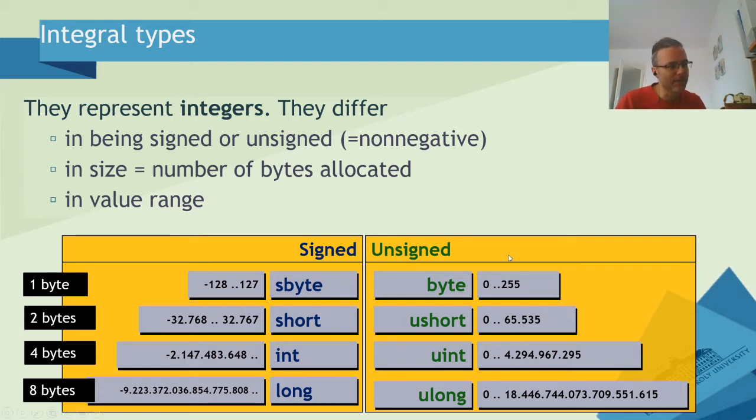So let's continue in this green column. Let's check out ushort, which allocates 2 bytes, and its value range starts from 0 and ends at 65,535. Come on, where does this number come from? Who knows?